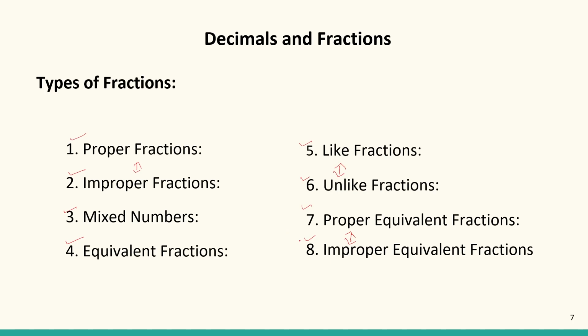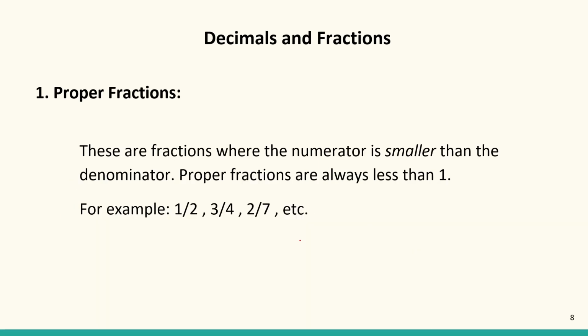So let's explore the first part, that is the proper fractions. These are fractions where the numerator is smaller than the denominator. We know that this is of the form p by q, where q is not equal to 0, otherwise it will be undefined.